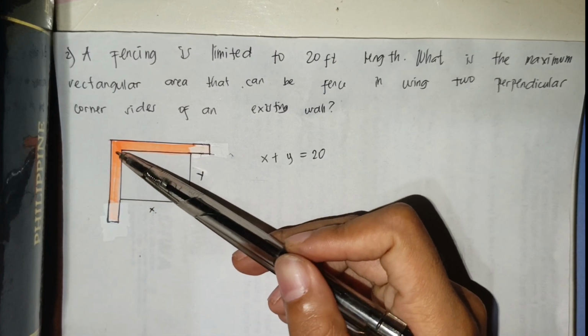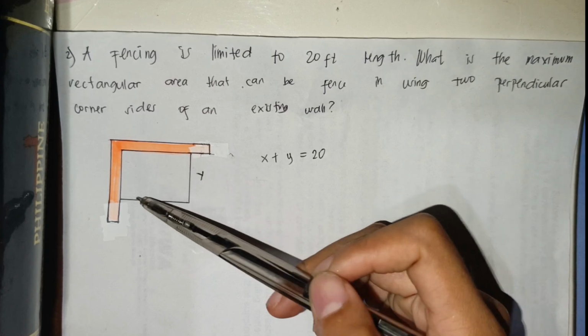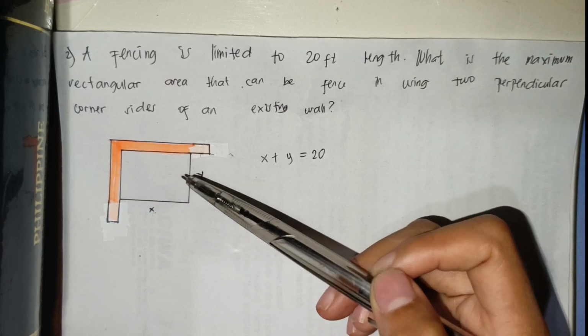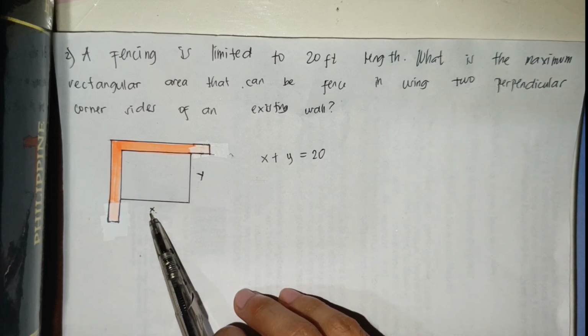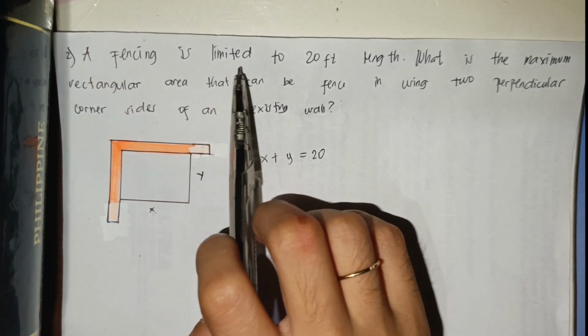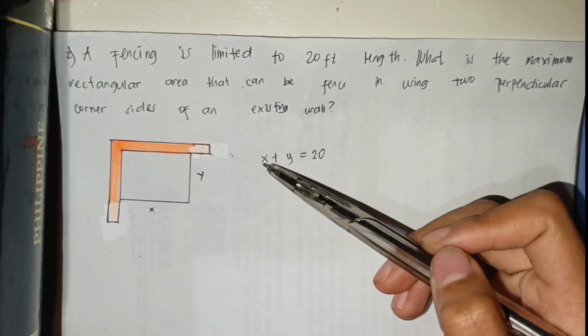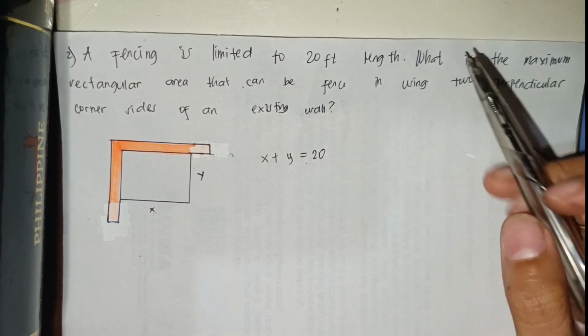So, kining orange ang existing wall and kani nga line is ang fence. So, x is for our width and y is for our length. So, a fencing is limited to 20 feet. So, x plus y is equal to 20 feet.